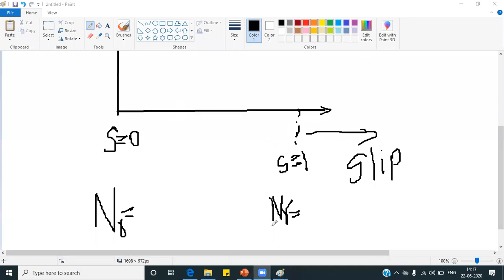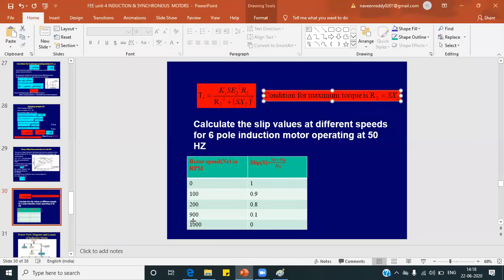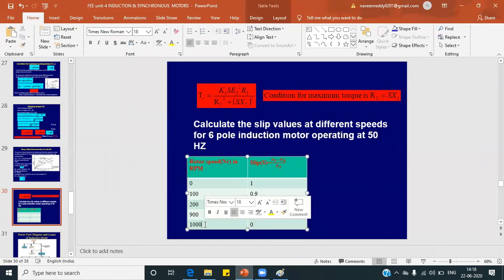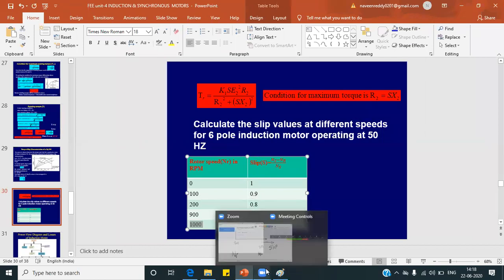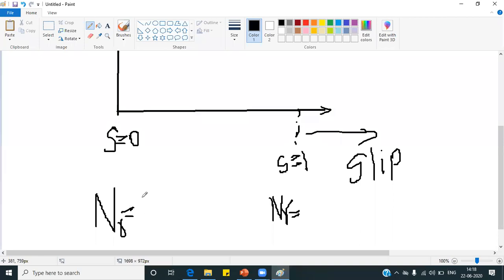We saw it in the PPT. That is NS RPM. When slip is equal to 0, NR is equal to NS.